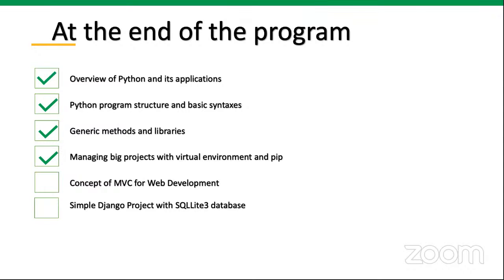We have also seen what the MVC concept is and how it can be used for web development. And finally, today we have created a simple Django project with the SQLite3 database. So as promised on the first day, we have covered all the things.